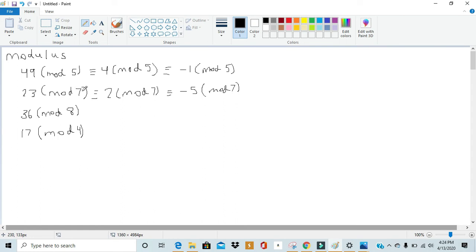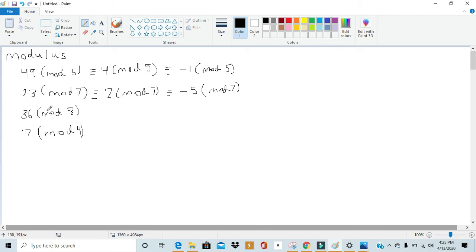And this makes sense, because this mod tells us the distance, whatever this value is, from a multiple of 7. It's 2 more than a smaller multiple of 7, but 5 less than a larger multiple of 7. And these two numbers would add up to 7 because multiples of 7 are within 7 of each other.